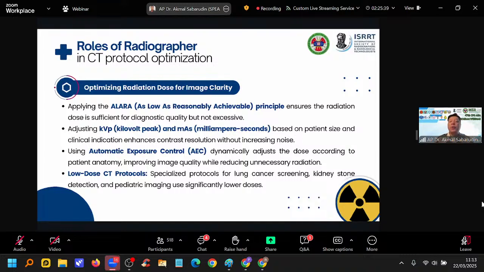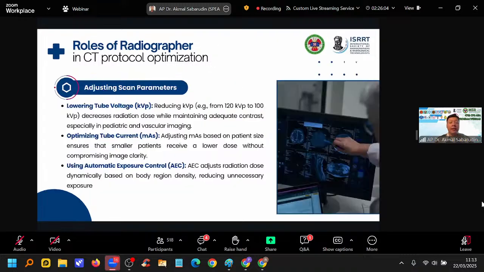And then low dose CT protocols, specialized protocols for lung cancer screening, kidney stone detection, and pediatric imaging, use significantly lower doses. So this is how we can show our professionalism, by understanding how we can provide better service in optimizing radiation dose for image clarity.